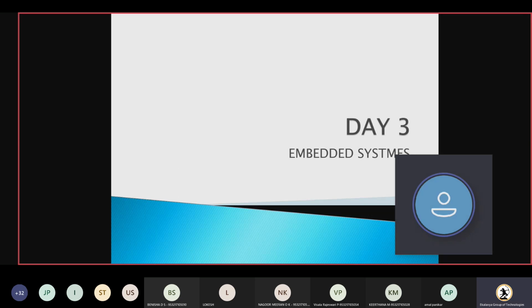So today we will go for day 3. In the previous class, we saw about IoT, the Internet of Things: its definition, architecture, how it works, and its applications.